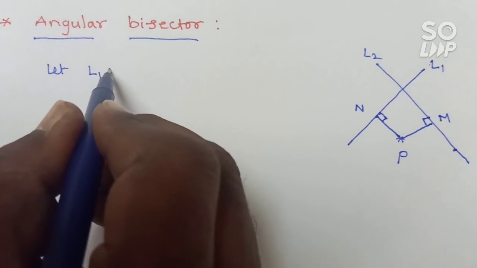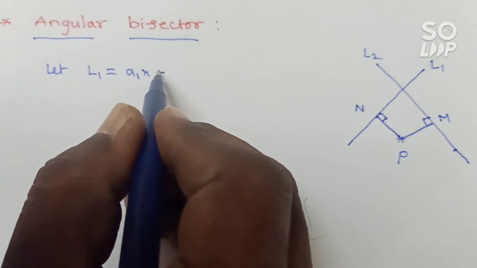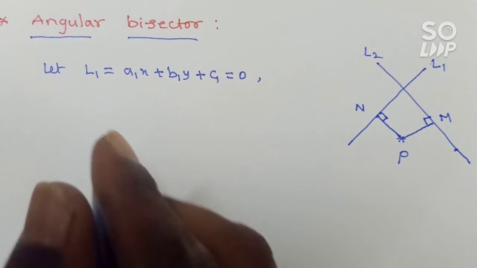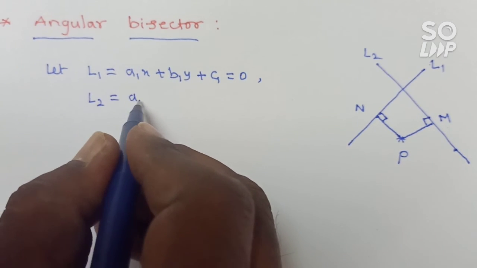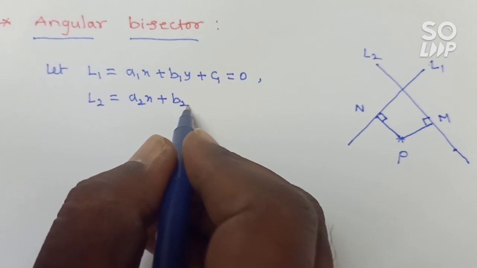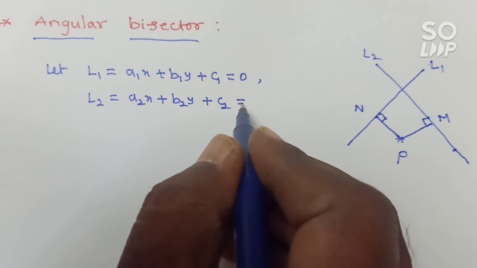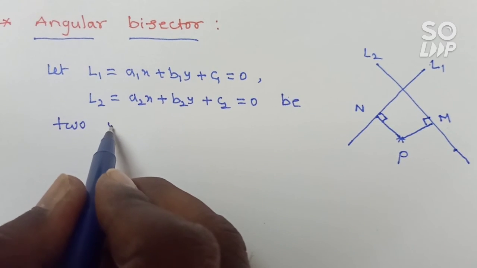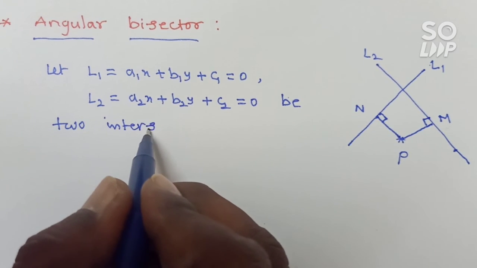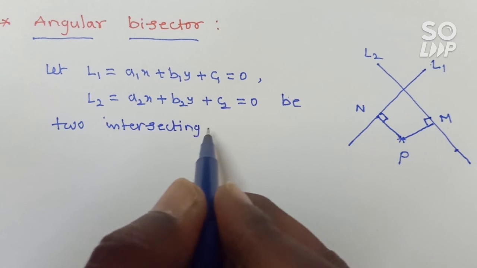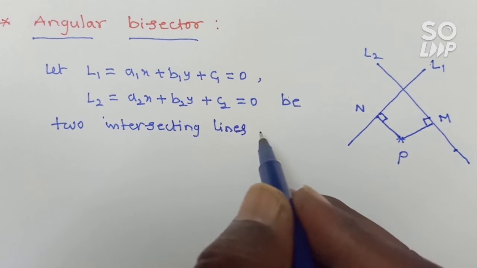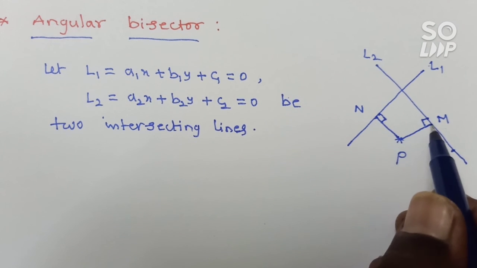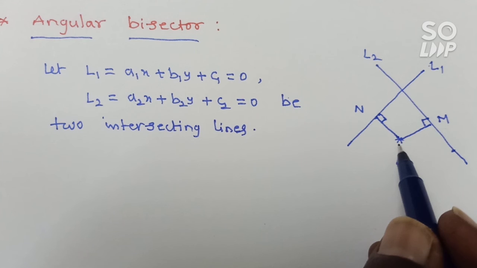Let L1 be a1 x plus b1 y plus c1 equals 0, and L2 be a2 x plus b2 y plus c2 equals 0, two intersecting lines.